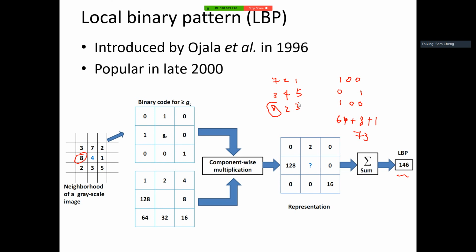If I always go clockwise, then it will be 1, 4, 8, 16, 32. So this will give me 37. Even here I also get 37, right? Because this is again 1, this is 4, and this is 32.